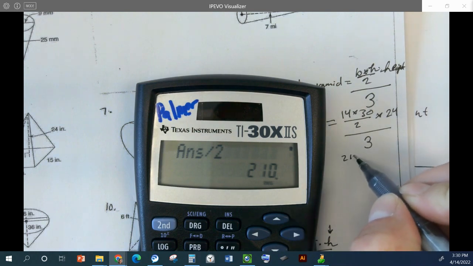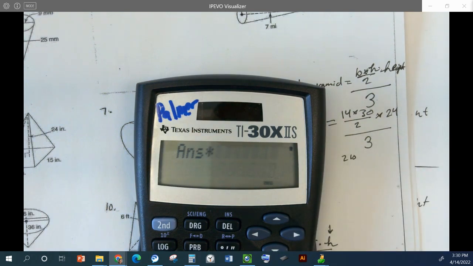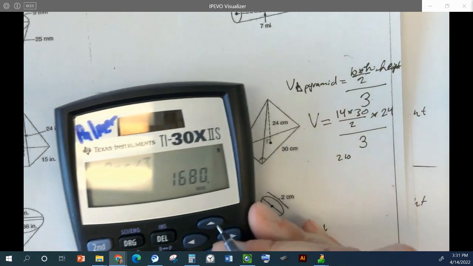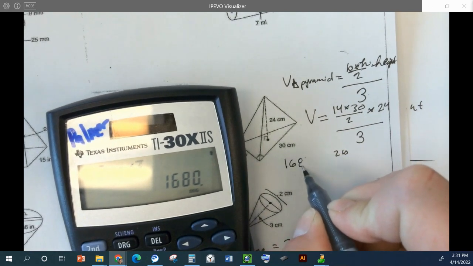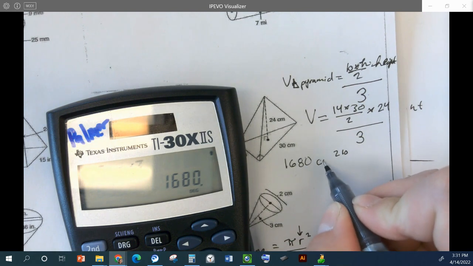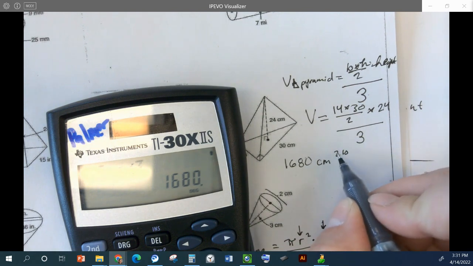So I'm going to write 210 here. And then I'm going to multiply that by 24. And then I'm going to divide that by 3. And this gives me 1,680. And then my units will be centimeters cubed.